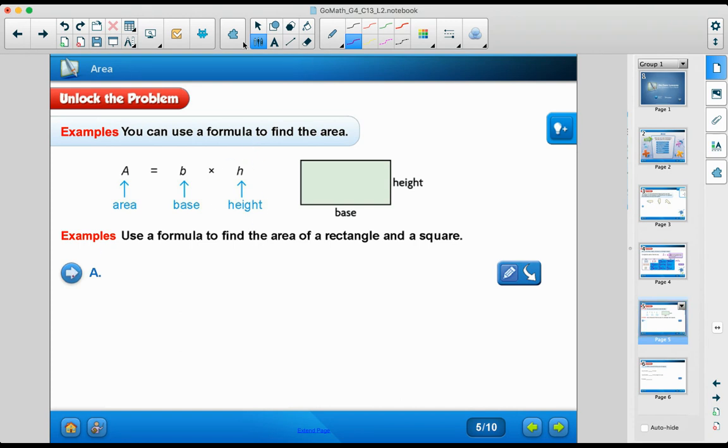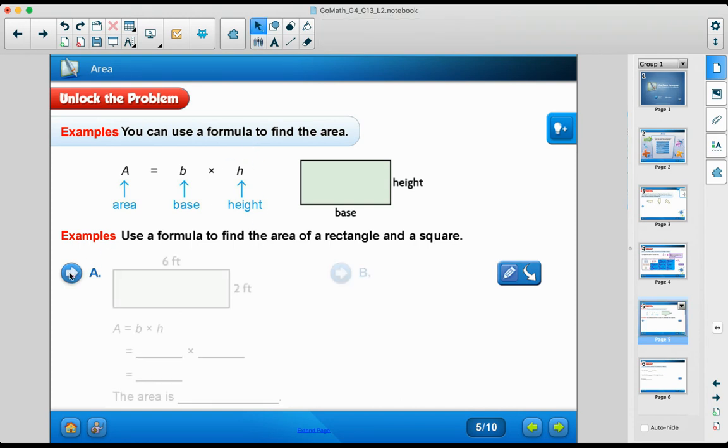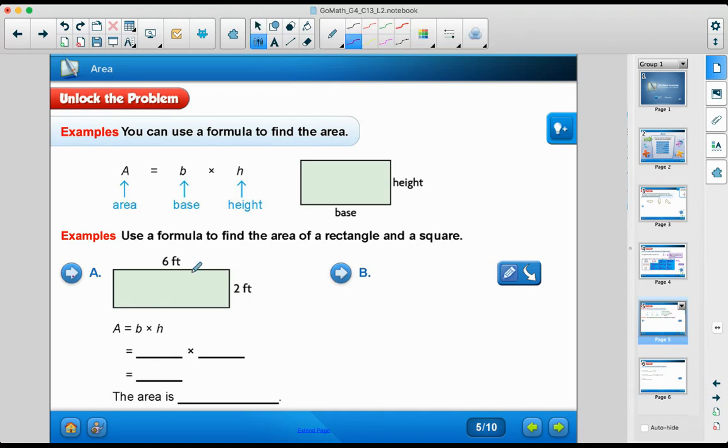Okay, let's try this now on our own. We have a rectangle here. Our base is 6 feet. So we will type in here, B is 6 feet. Our height is 2 feet.